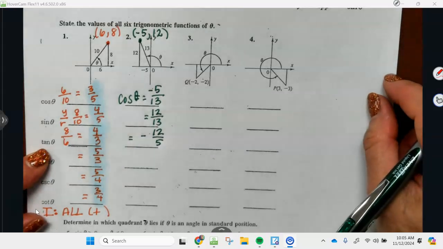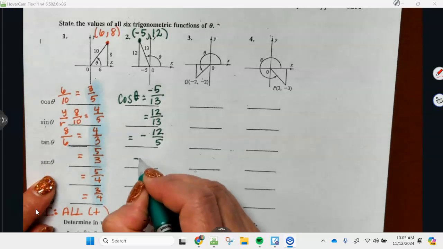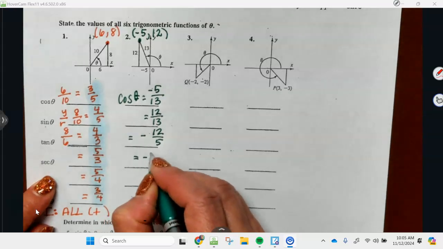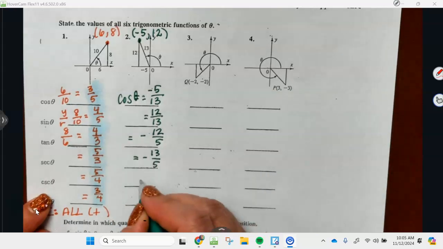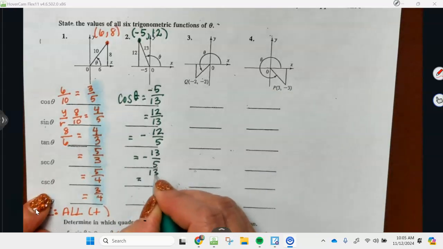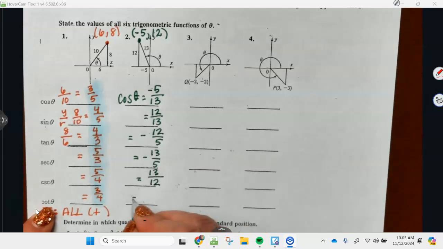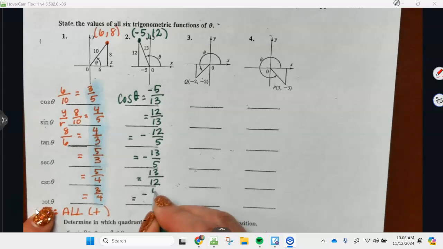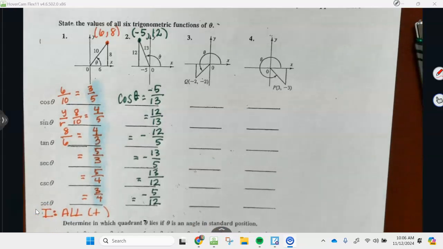All right, let's just flip those upside down. So secant is going to be a negative 13/5. Cosecant is going to be a positive 13/12. And then cotangent is going to equal a negative 5/12. All right, grab that highlighter and highlight the positive. It's not all of them. It's only a couple of them this time.